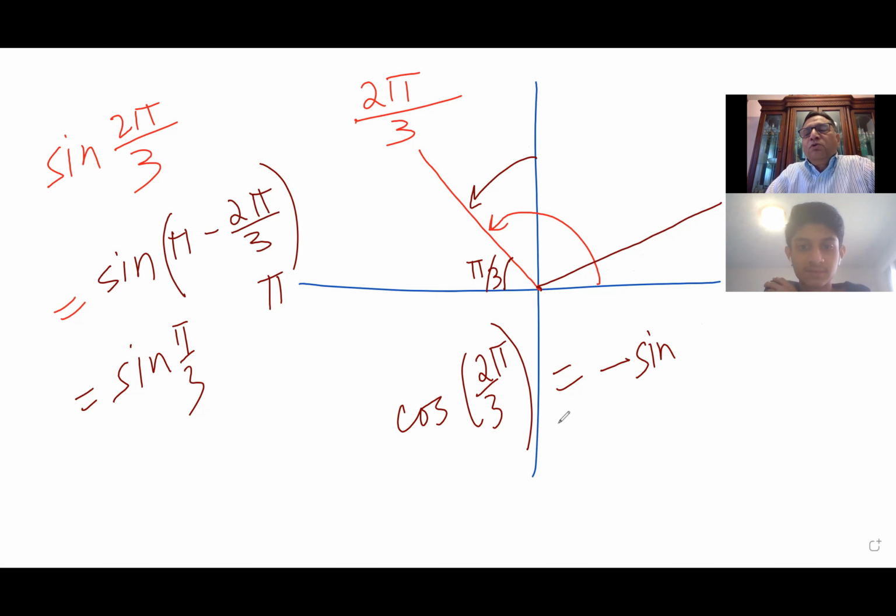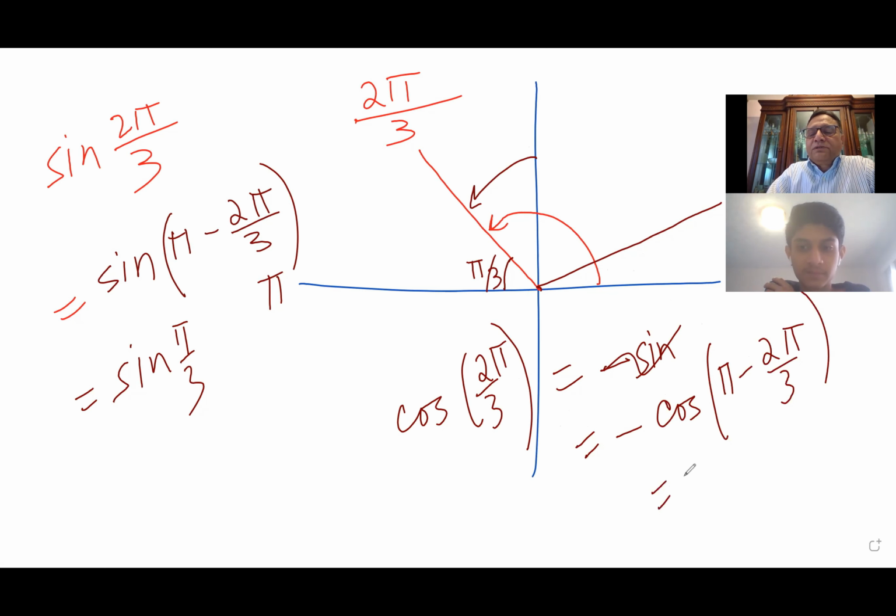Or if you want to maintain cos with cos, in that case, you will write this as minus of cos pi minus 2 pi by 3, which is minus cos pi by 3. Is that clear to you? Yes, sir. So that is how you can relate the angles using any one of those identities which we learn. So that is what you will be working with.